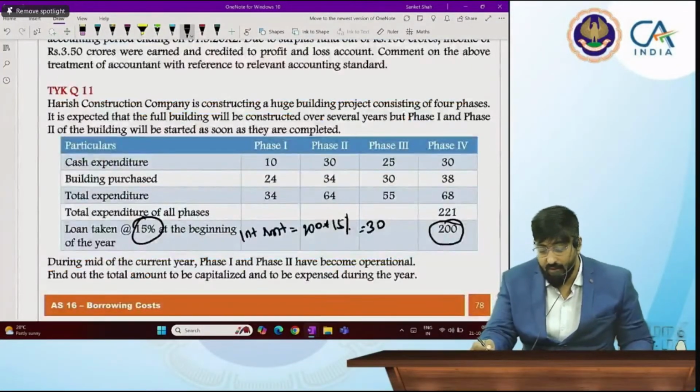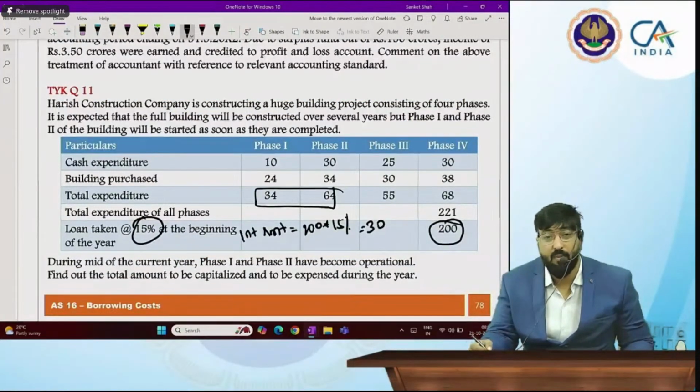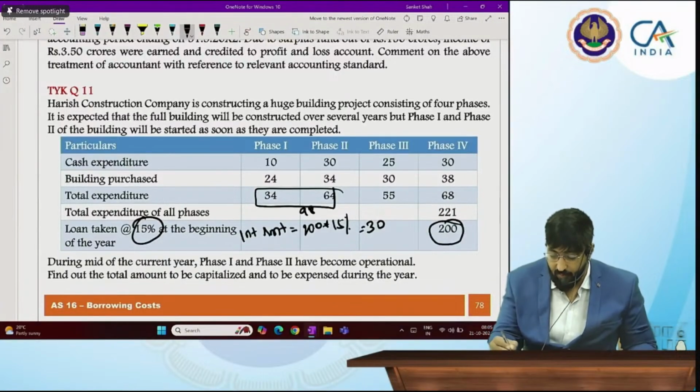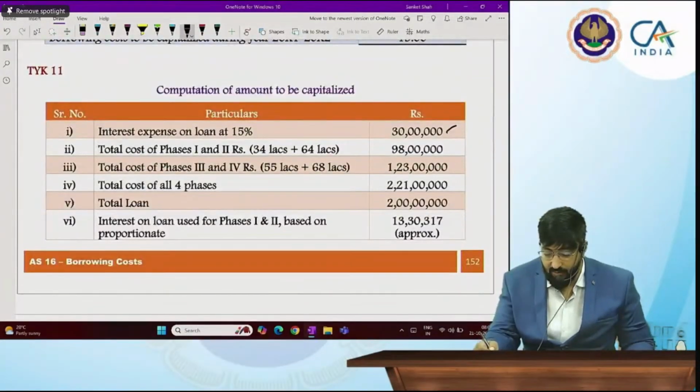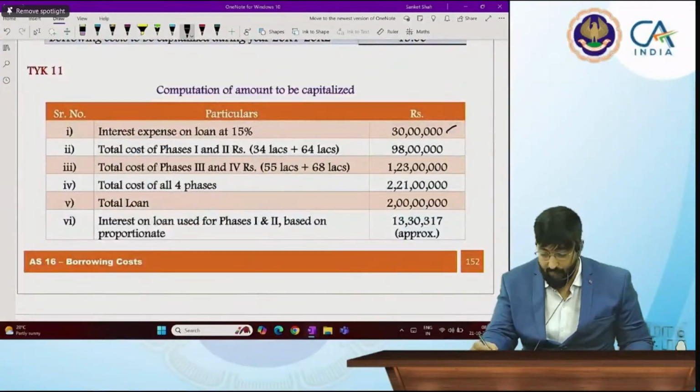What is the total of this expenditure? 34 plus 64, 98. And what is the total expenditure of 3 and 4? Tell me for 3 and 4. 123. So total cost is 221.